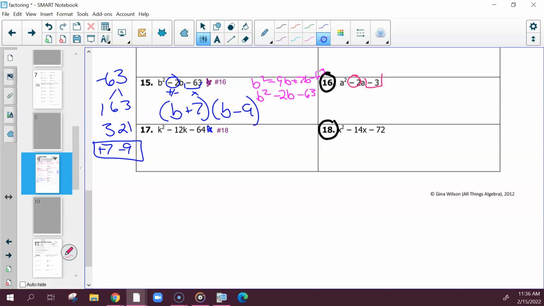What times what would give you 3? 1 and 3, and that's it. So using our rule, the bigger number is going to be negative, so we have a minus 3 and a plus 1. So if you know your factors, this becomes a little easier. If you don't, you just have to find what they are first.